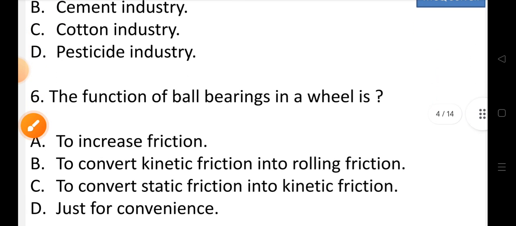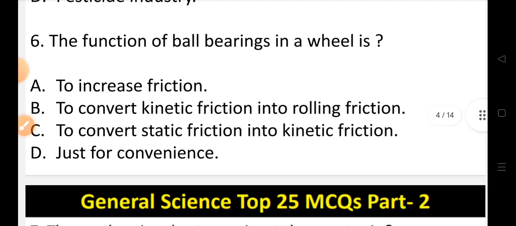Now let's move to question number 6. The function of ball bearings in a wheel is, options are option A to increase friction, option B to convert kinetic friction into rolling friction, option C to convert static friction into kinetic friction, or option D just for convenience.